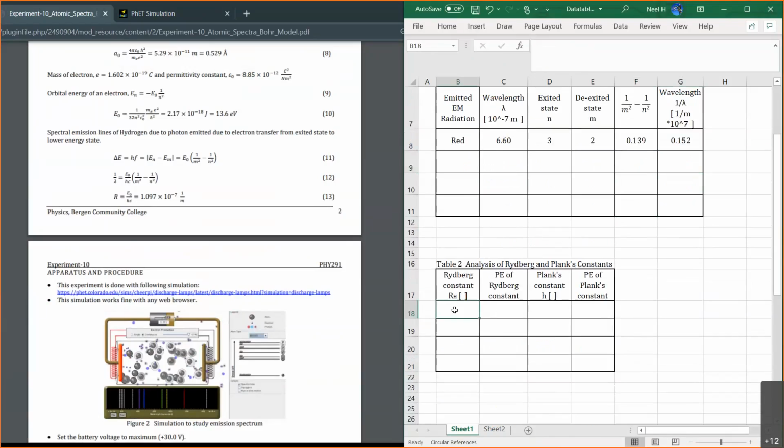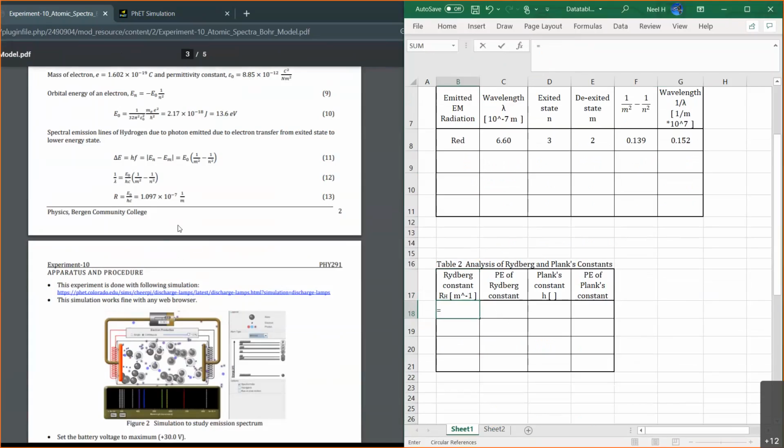Now let's take a look at the Rydberg constant, at least 1, before we proceed to the data. This should be meter per second, right? Equal sign, RH should be equal to 1 over lambda times 1 over m square minus 1 over n square, right? Let's do that calculation to see.